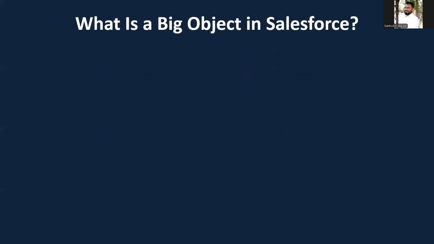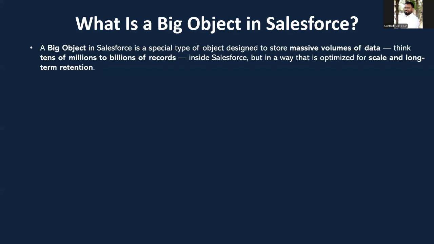So, what is big object in Salesforce? A big object in Salesforce is a special type of object designed to store massive volume of data. A normal custom object is great for day-to-day operational CRM data. Like user creates a record, then user edits the record, then we will have some automation on it, flows, triggers, then you will have a report on it.